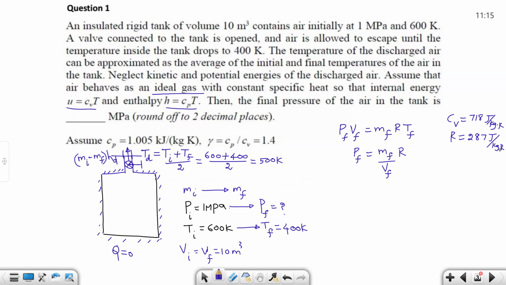Now R is known, the final temperature is known, only the final mass we need to know.